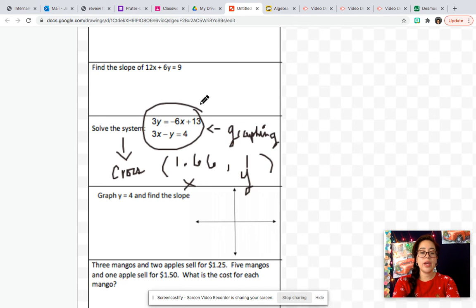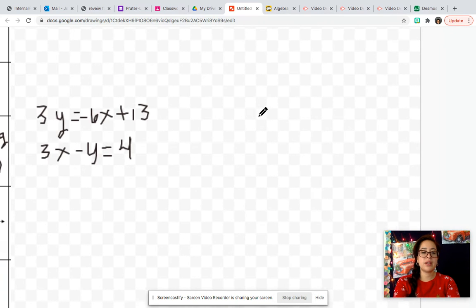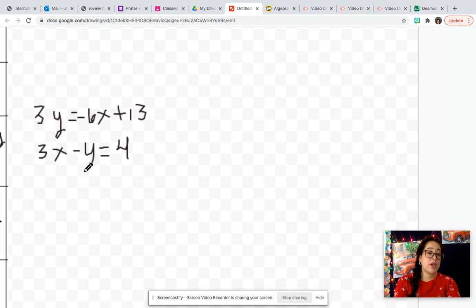Okay, the long way, like I've shown you before, is also to solve through elimination. Solving through elimination is when you have your equations lined up and you combine like terms vertically. You add your equations. This requires us to rearrange everything though.